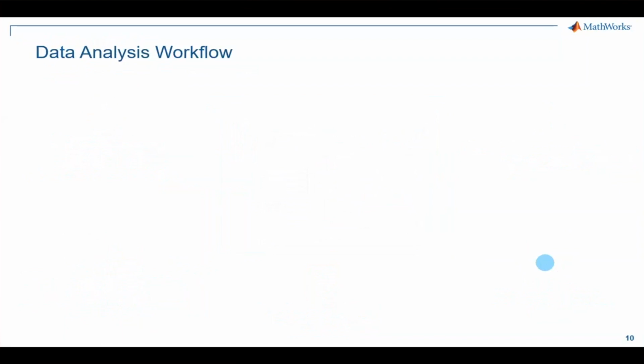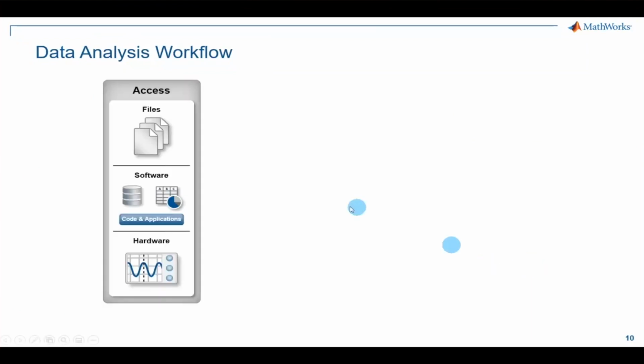Let's take a step back. Now, we want to analyze data. Let's think about how we actually do this. From our experience, we've seen that when people analyze data and you break down what they do, it comes down to three different parts. One is you access the data. Maybe your data is in a bunch of files.